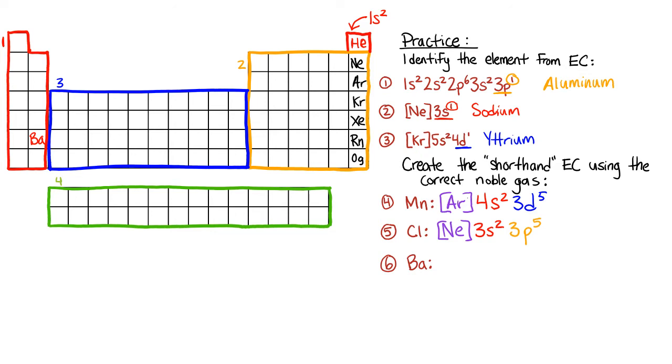The element barium is way down in the S block, and to write out the full electron configuration would take a little bit of time, but you can totally do it. To figure out the shorthand electron configuration, find the most recent noble gas, which would be xenon.